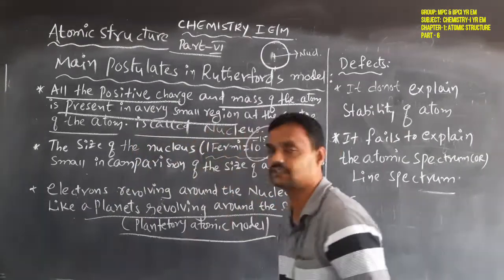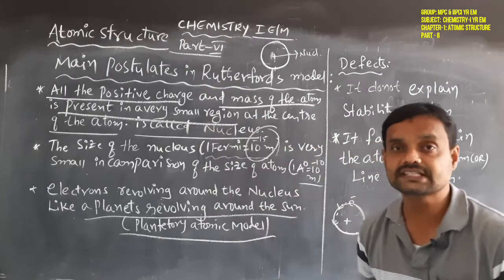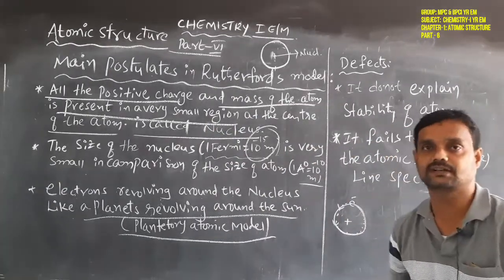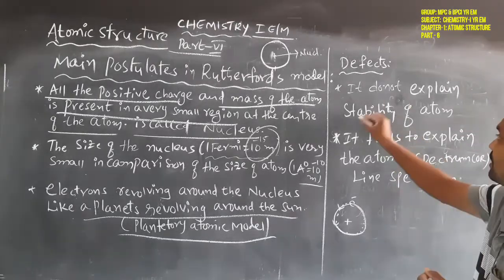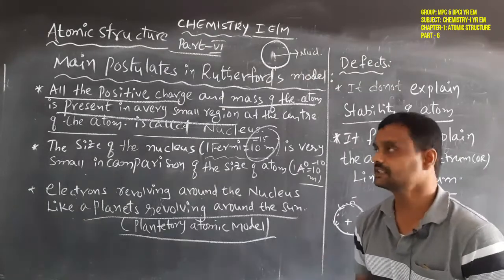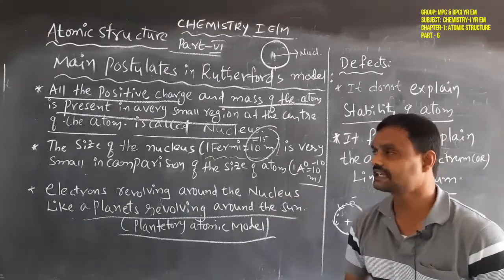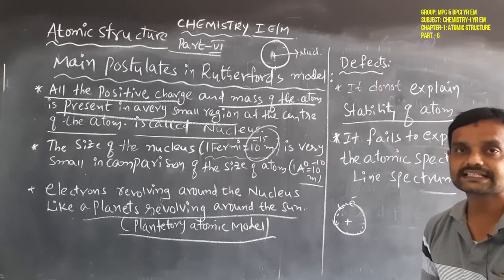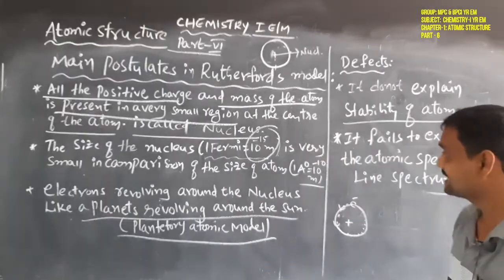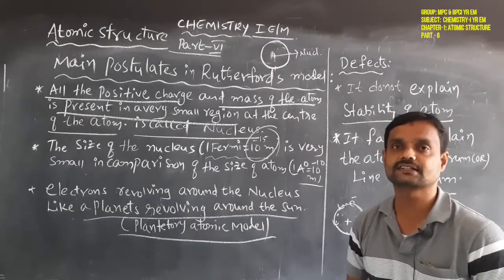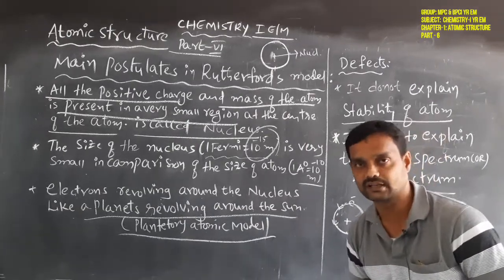That means there is no stability of the atom, according to Rutherford. So that is the main defect in the Rutherford atomic model. What is that? It does not explain the stability of the atom. In his alpha ray scattering experiment and atomic model, Rutherford does not explain the stability of the atom.